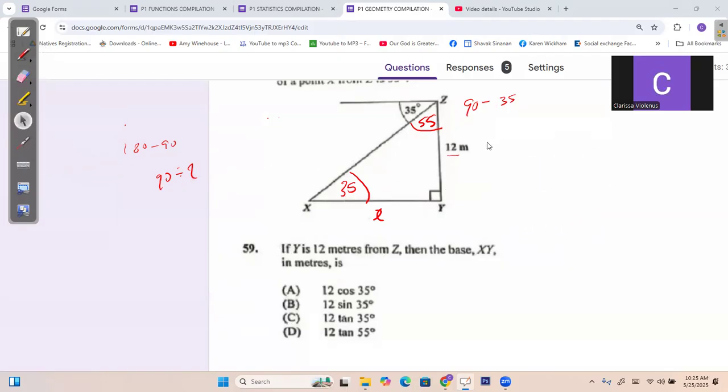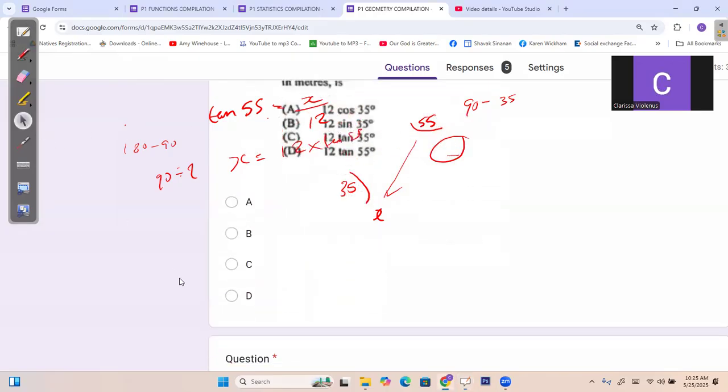So this is going to be tan 55, sorry, because the angle we're using now is 55, is equal to opposite, which is X, over adjacent. That would be 12 now, because remember, this is the angle we're using. So this is your opposite and this is your adjacent. So X is equal to 12 times tan 55. So that's why the answer is D.